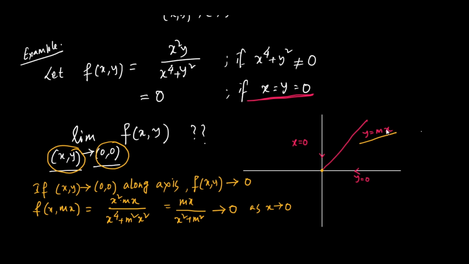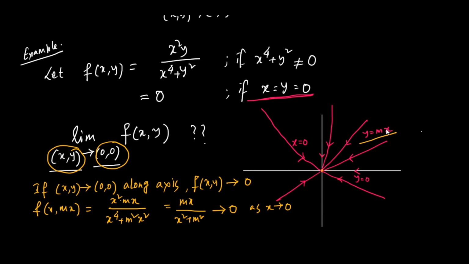And we can see here, whatever be your straight line passing through the origin, maybe this, maybe this, whatever be your straight line passing through the origin, it doesn't matter, always the function, if (x, y) approaches the origin along that particular path, maybe along this path or this path, whatever be your path.